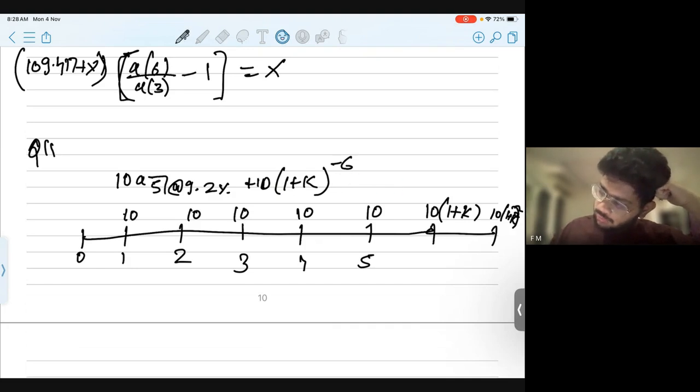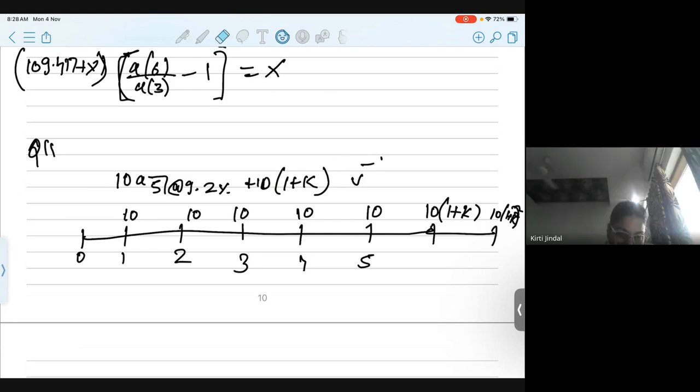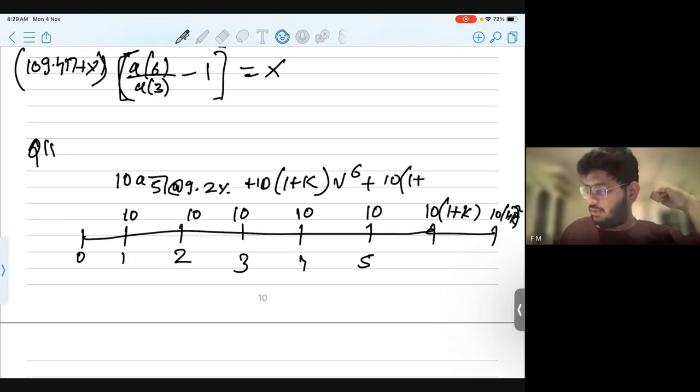You will have to put in v as well. 10 v power 6, plus 10(1 plus k) v power 7, plus 10(1 plus k) squared v power 8. Okay.